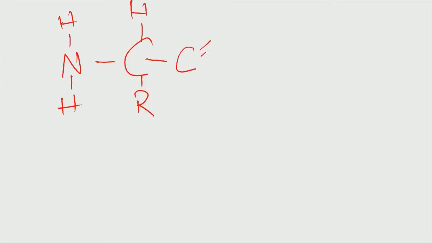You have a central carbon atom, you have an amide group, so you have a nitrogen and 2 hydrogens. This carbon atom has one organic radical, this is R, and one hydrogen atom, and you have a carboxyl group here. Carboxyl group means COOH, and this C you can write as COOH. So, this is OH.